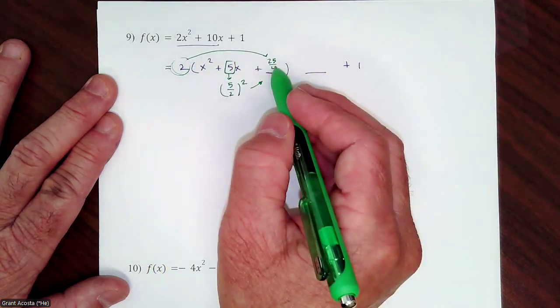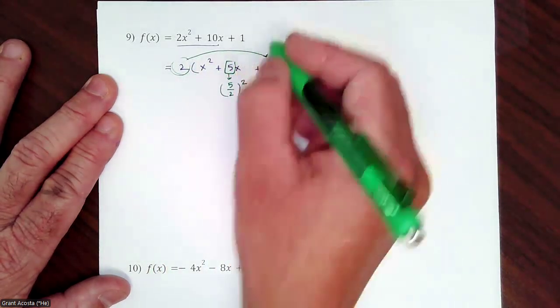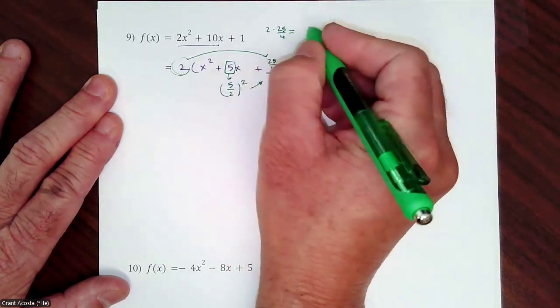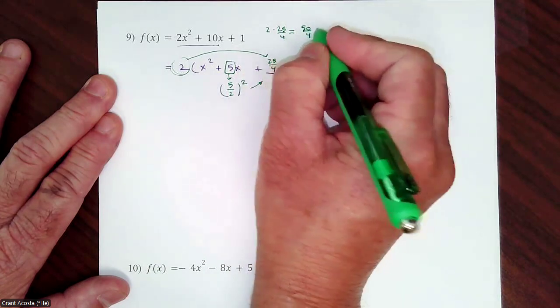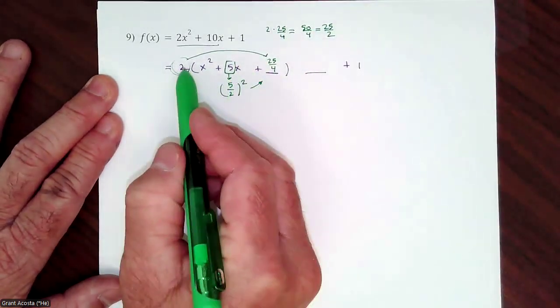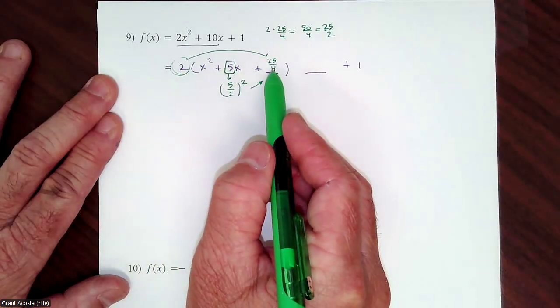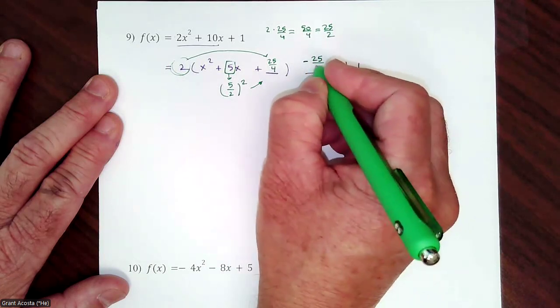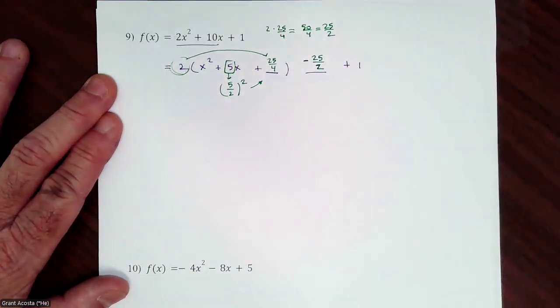If I were to distribute that 2 back in, that's going to be 2 times 25 fourths, which is 50 fourths, which is 25 halves. So to make sure I'm not changing the problem, I'm going to immediately want to subtract 25 halves.